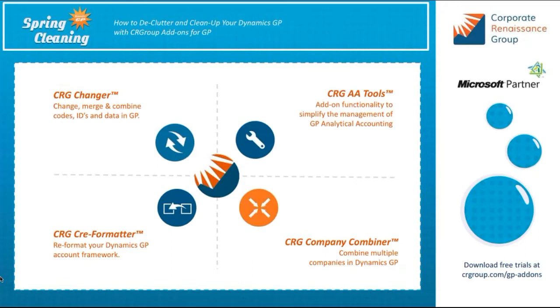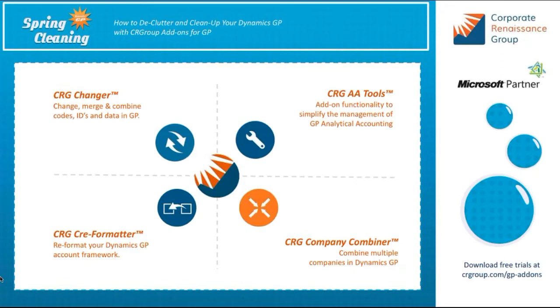When we talk about chart of accounts, we always start, of course, with Changer. As you know, Changer is the original and most used chart of accounts changing tool out there in the GP space, been around forever. It works really quickly and efficiently, and it allows you to import your changes from Excel right into Changer.